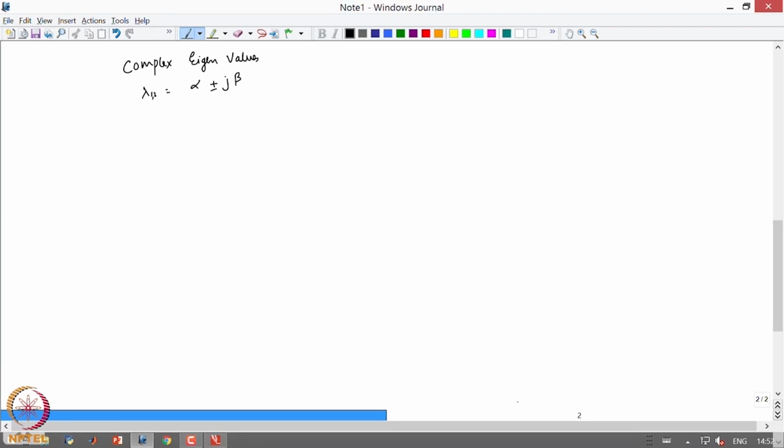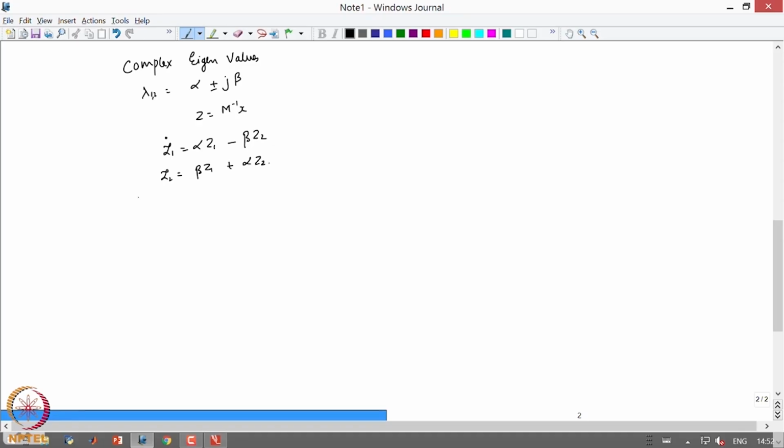Of course, I do the usual change of coordinates from z equal to M inverse x to get my system of the following form: z1 dot is alpha z1 minus beta z2, z2 dot is beta z1 plus alpha times z2.